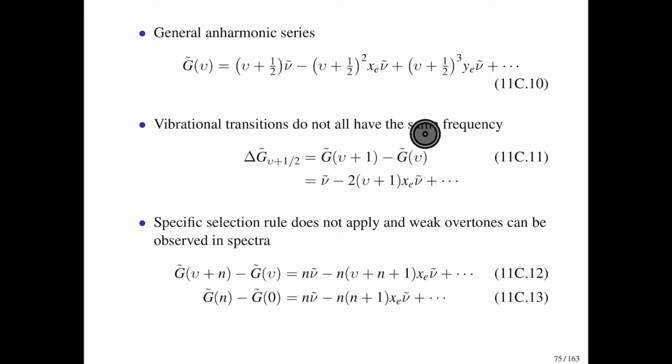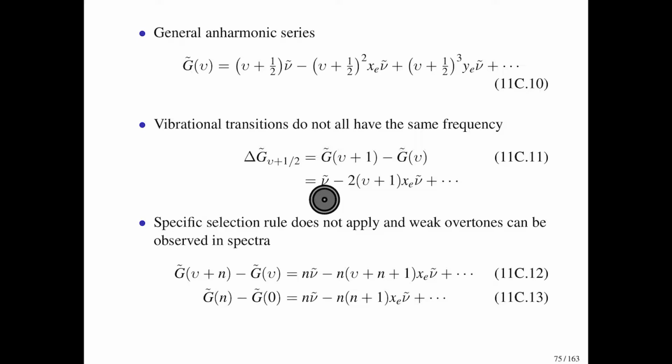So a transition from upsilon to upsilon plus 1. We take this expression, substitute in upsilon plus 1, and then subtract from that this expression itself, and you'll get a series that looks like this. So here's the harmonic term, right? Without this anharmonicity, we would simply have that all transitions have the same vibrational frequency.